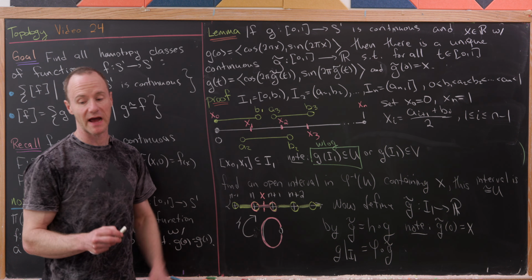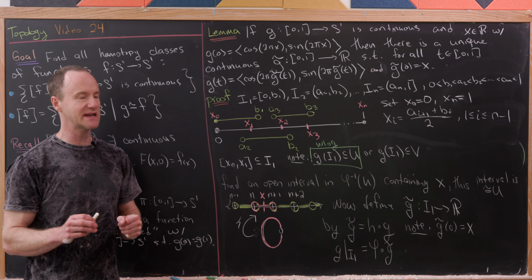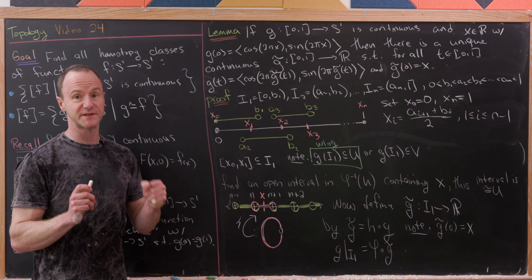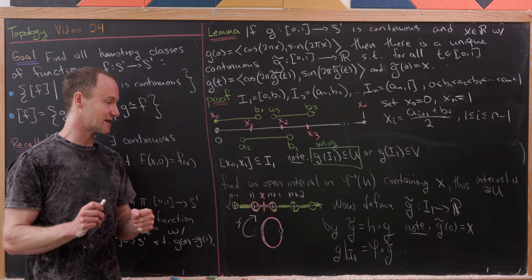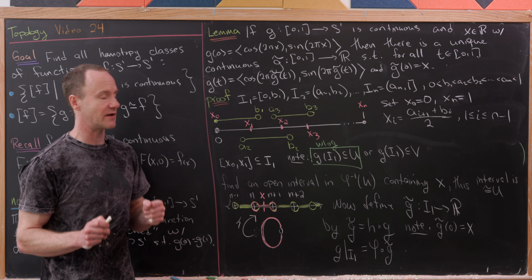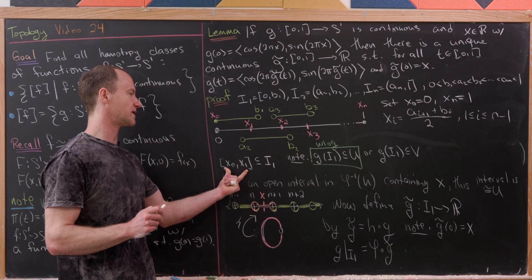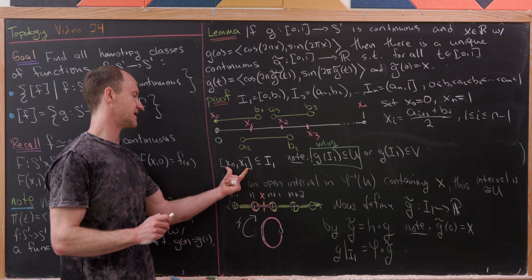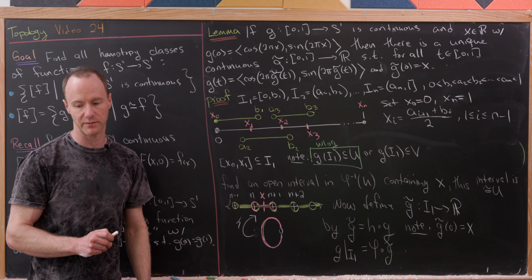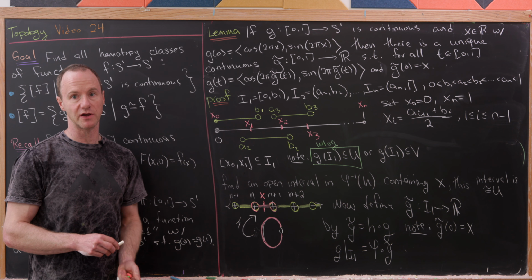And again, that's by construction here. So let's take a step back and see what we've done. We've started defining our G tilde map, and we haven't gotten very far. We've just gotten to this small subinterval right here, this x0 to x1 subinterval. So now let's see where we can go from there.